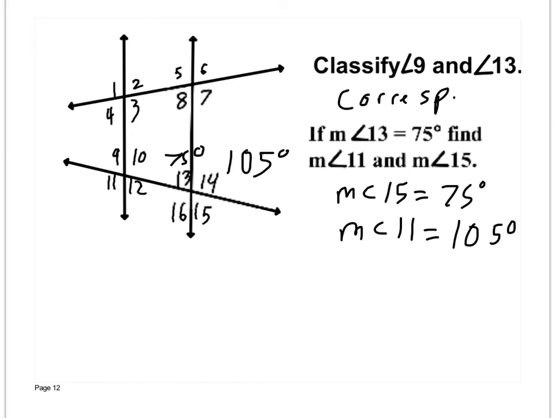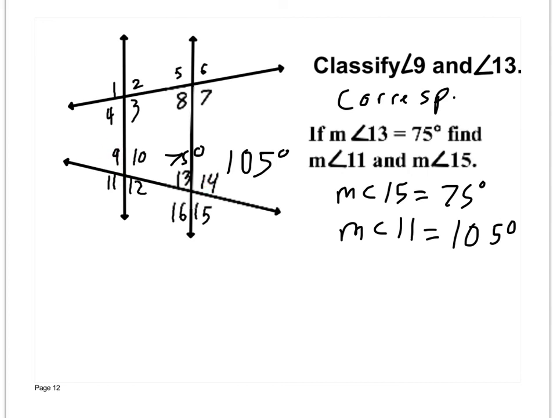Hey, here's another way. Let me throw you, because there's 100 different ways of finding one angle. I could find angle 11 because I know that angle 16 is 105, right? Because 75 from 180 is 105, and 14 and 16 are vertical angles. And isn't 11 and 16 corresponding angles? So if I know 16, I know what 11 is. Also I could find that angle 9 is 75 degrees.